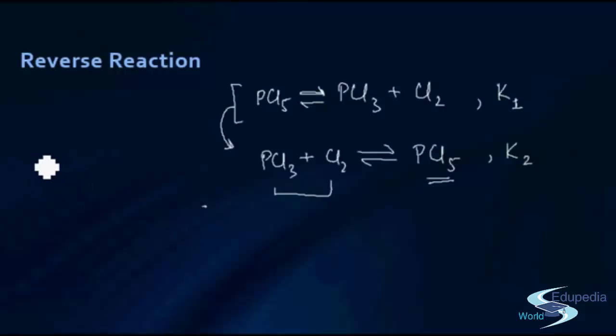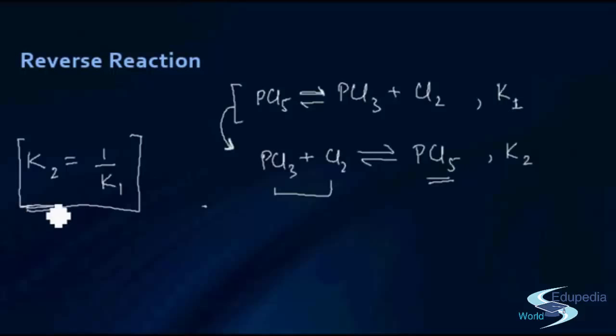That is, the law says that K2 will simply be equal to 1 by K1. Whenever you write your chemical reaction in the reversed order, K2 becomes equal to 1 by K1, the reciprocal of the original equilibrium constant.